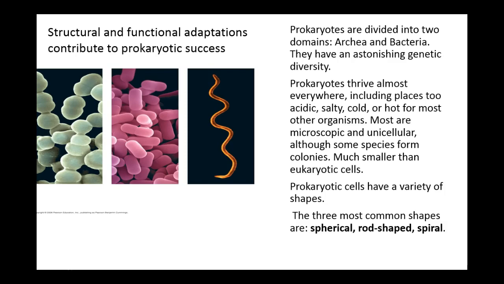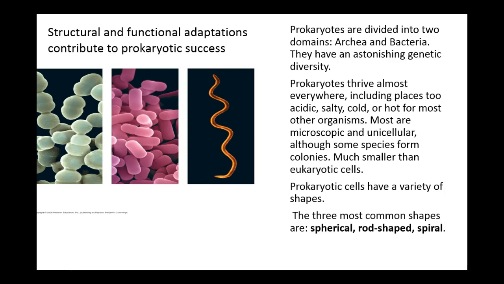The middle one is a rod-shaped, and with regard to rod-shaped, we call it bacilla, or rod-shaped. And those are usually solid individuals, but can form some chains. Not as common, but Streptobacilla is a disorder.